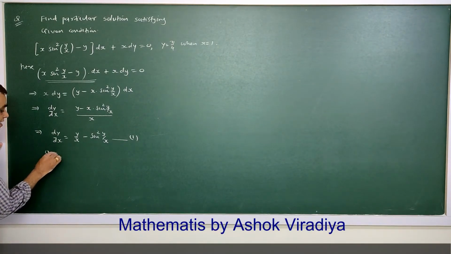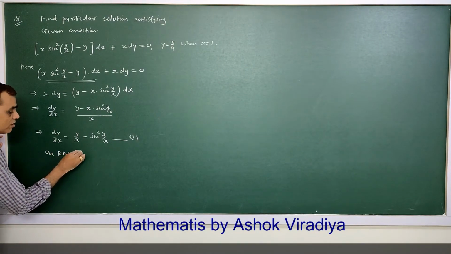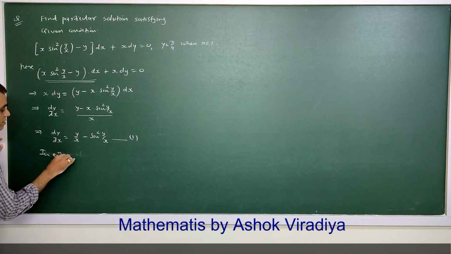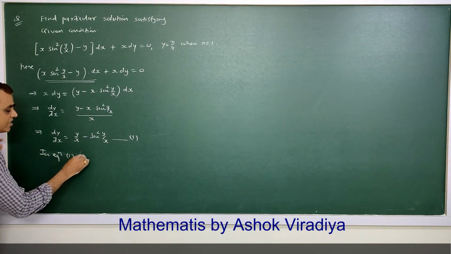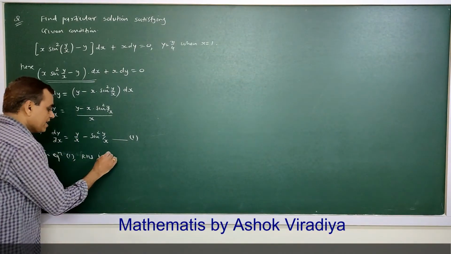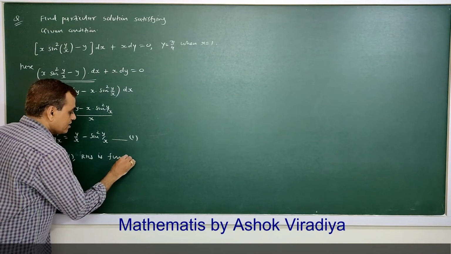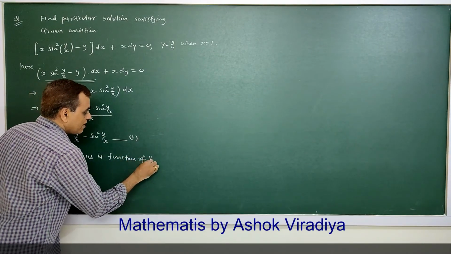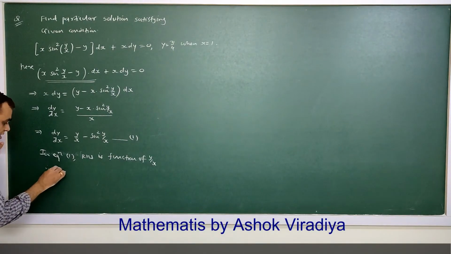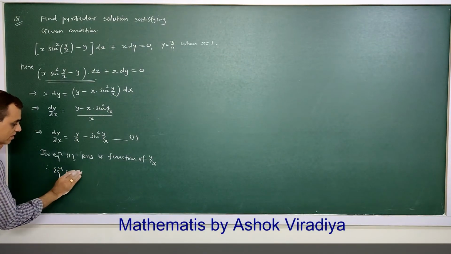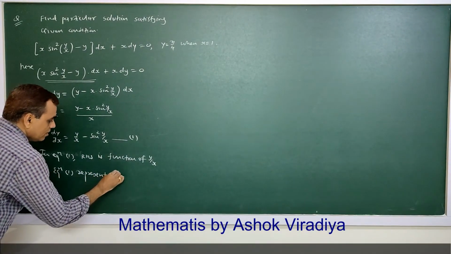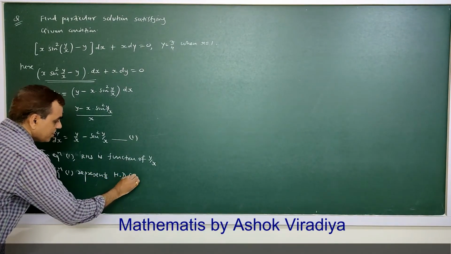So on right hand side in equation 1, RHS is function of y by x only. So equation 1 represents homogeneous differential equation.